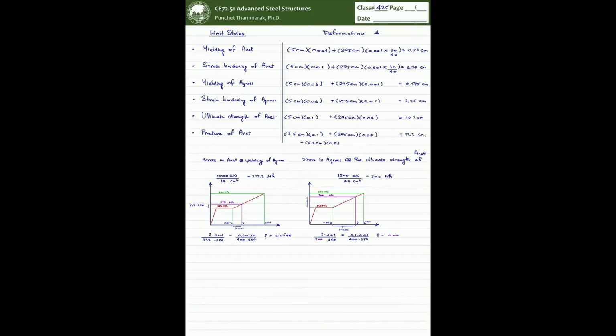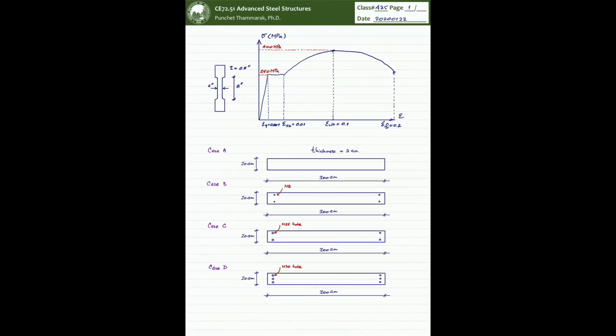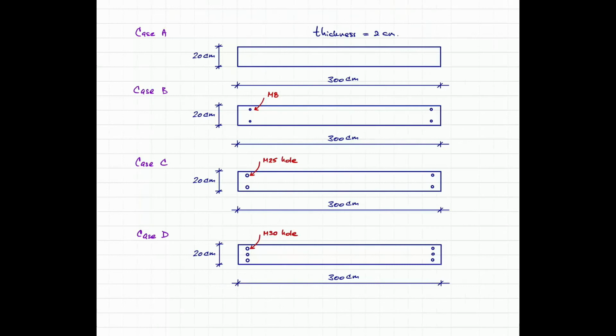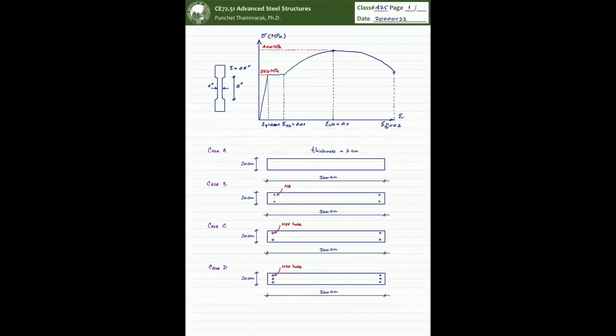So let's go check. Case D, the hole is M30 and 3 of them are there. 3 M30, M75, 20 minus 7.5, and then okay. 20 minus 7.5 and 20 divided by that.